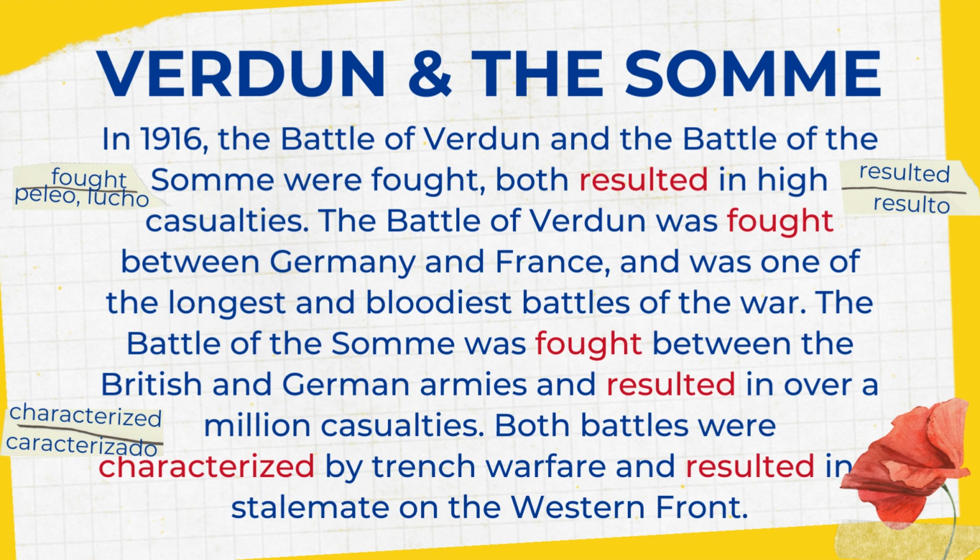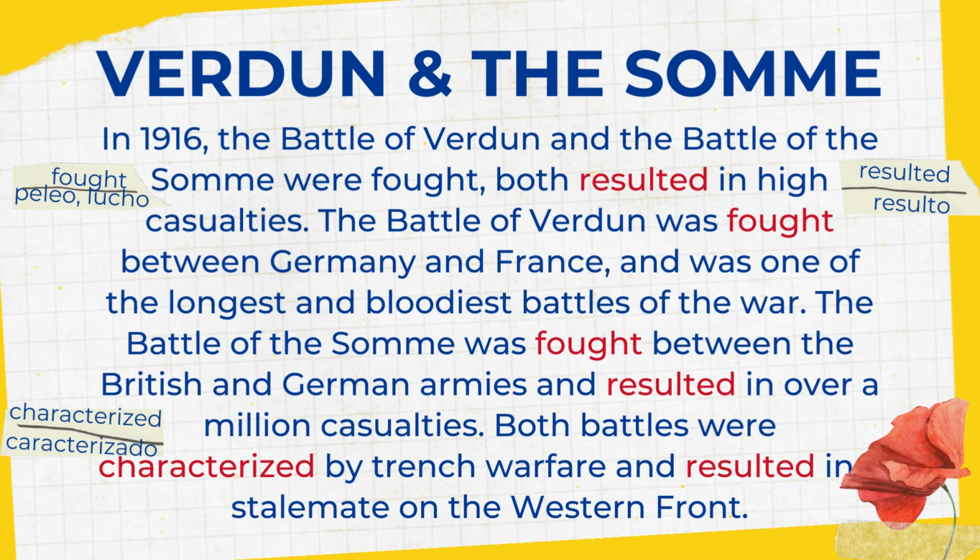The battles of Verdun and the Somme. In 1916, the Battle of Verdun and the Battle of the Somme were fought. Both concluded with high casualties. The Battle of Verdun was fought between Germany and France and was one of the longest and bloodiest battles of the war.